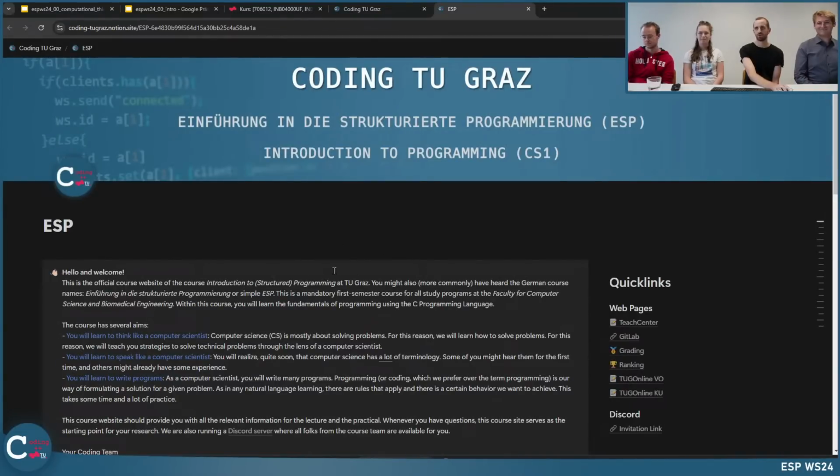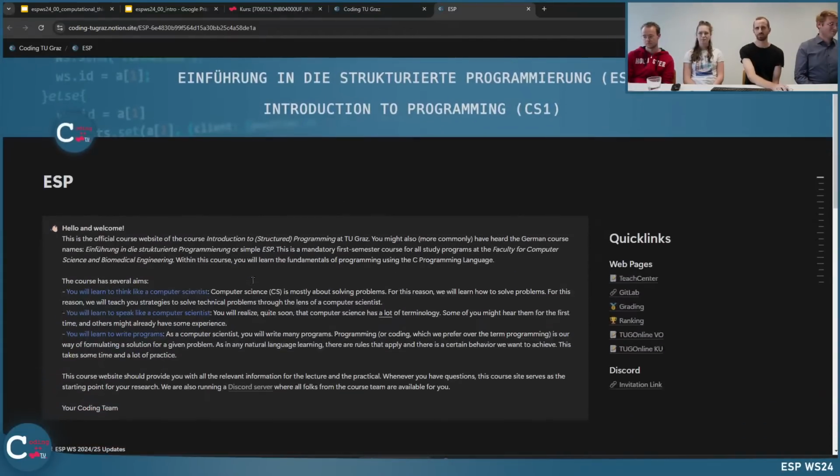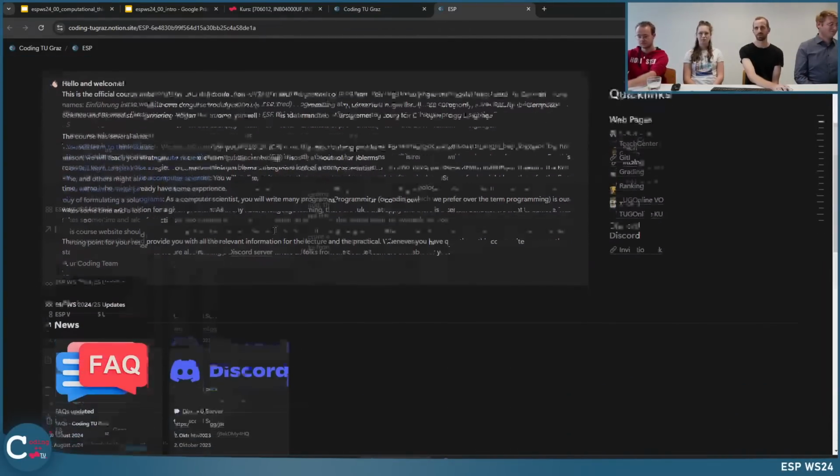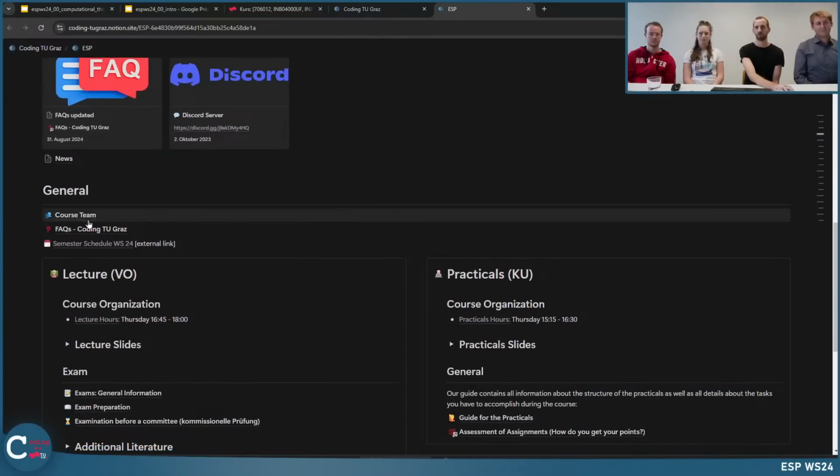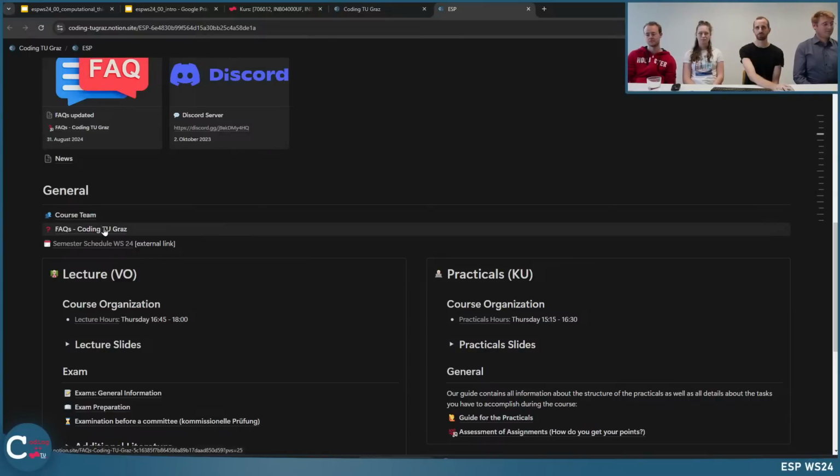And this is our main page of the course website. You will see here a welcome text. You will see here some updates where we give you already updates about the assignments maybe, or what you have to do. Here is our course team, a FAQ section, a semester schedule. We will come to that in a few minutes.